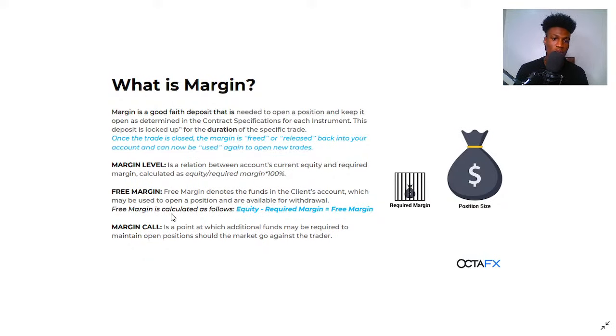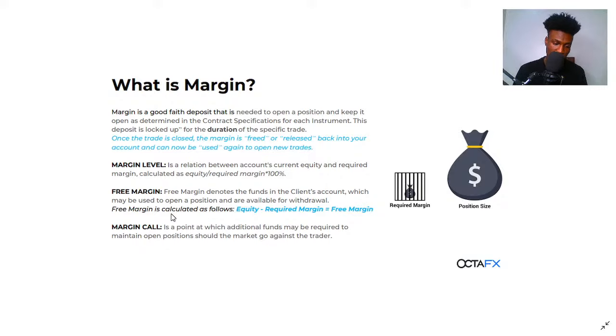Okay, margin call is a point at which additional funds may be required to maintain open positions should the market go against the trader. So the broker is going to notify you that, okay, at this point you need to add more money to your account to hold your trades, because you're at the verge of losing all your money.